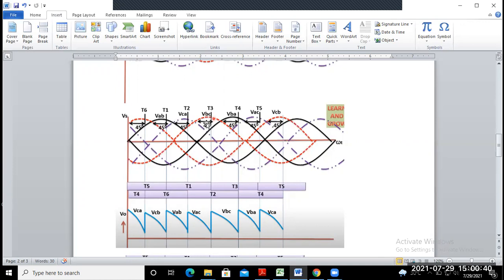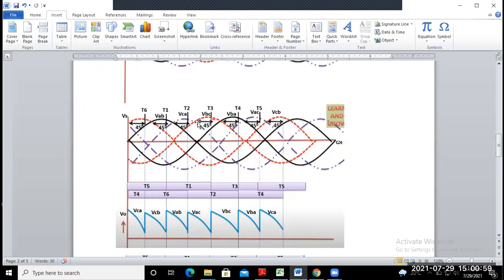So the phase changes for T3 at this instant, but it does not start conduction because we have not provided the gate pulse to thyristor T3. The gate pulse is provided after a phase delay of 45 degrees.